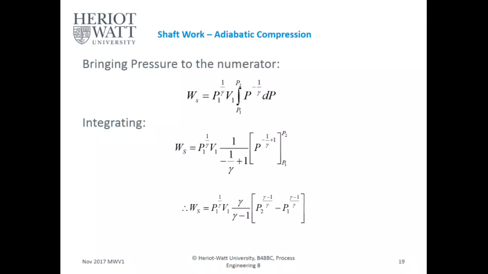Hence, you have your shaft work equation, which is P1^(1/gamma) V1 multiplied by gamma over gamma minus 1, times P2^((gamma-1)/gamma) minus P1^((gamma-1)/gamma), right? Following that? Remember your power laws from Thursday, it's pretty much that, yeah?